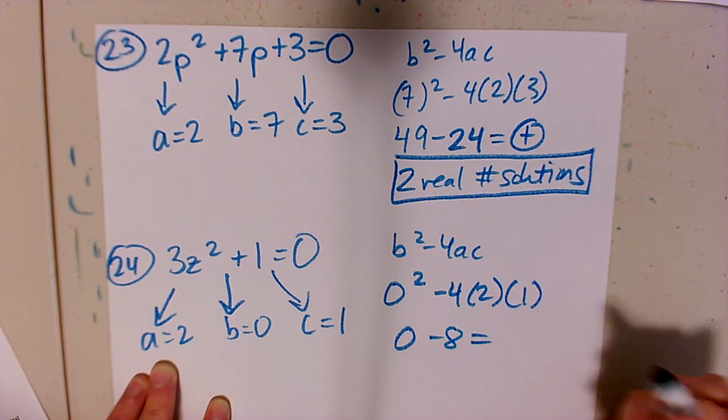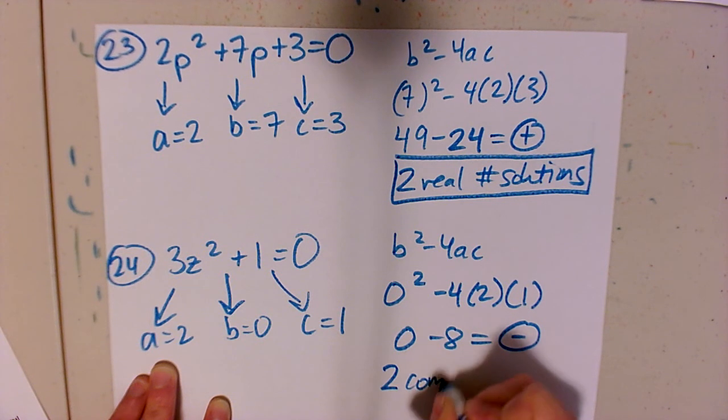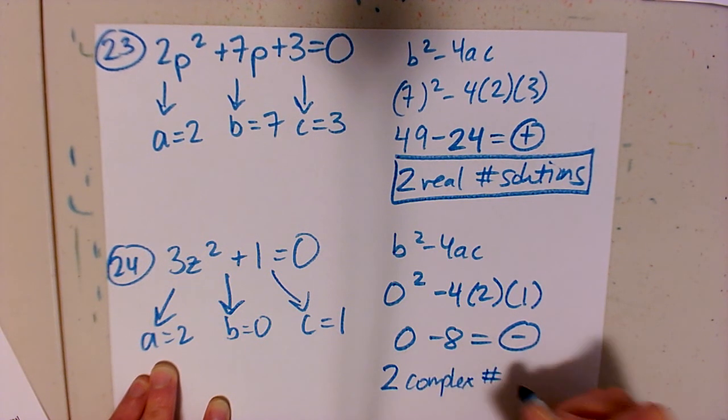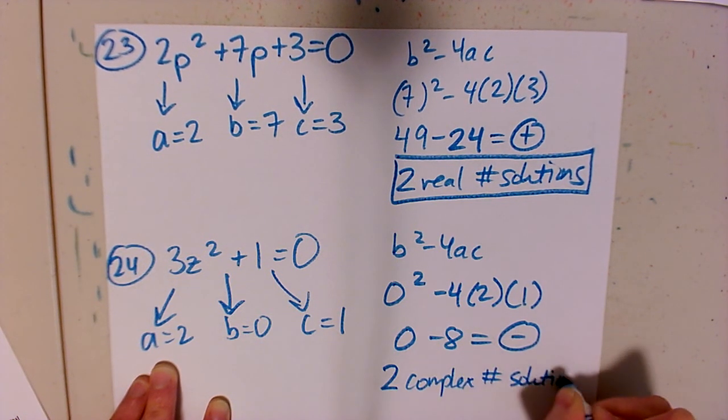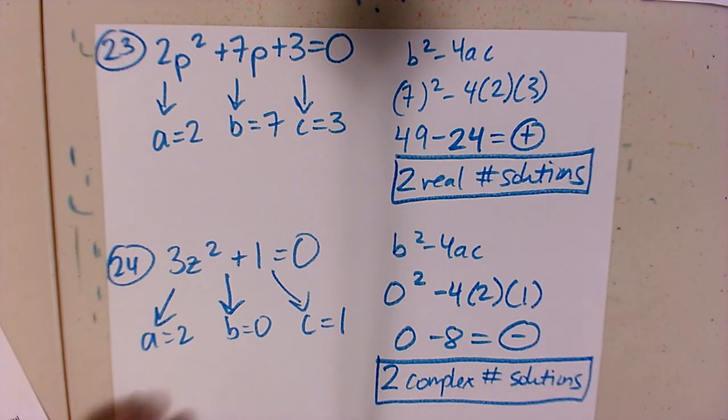So that's going to be 0 minus 12. That's going to be negative. So then I'm going to have 2 complex number solutions. Okay? So for those problems, you just have to figure out positive, negative, or 0, and then tell what that means. And so that's it for 8.2 day 1, and hopefully you know enough to do the homework.